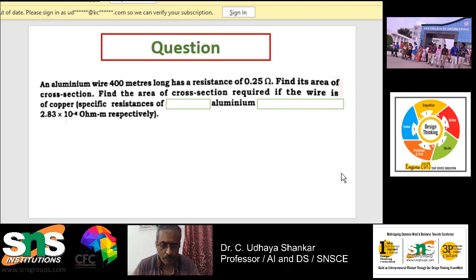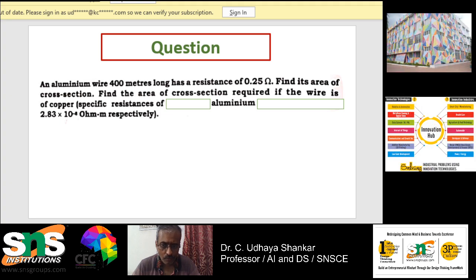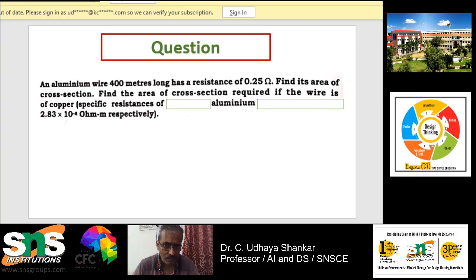So let us go into the problem. An aluminum wire of 400 meters long has a resistance of 0.25 ohms, and we want to find its area of cross section.